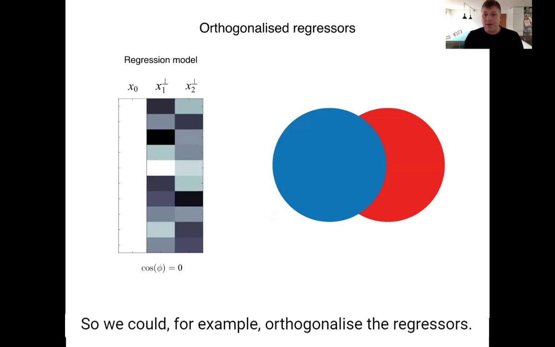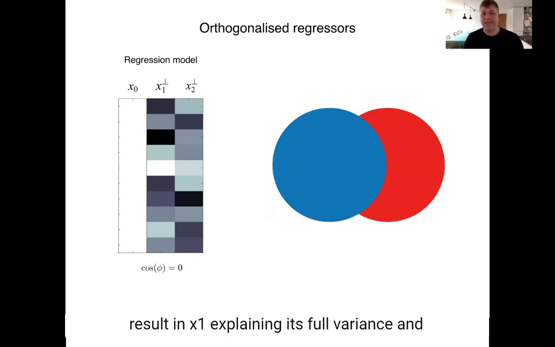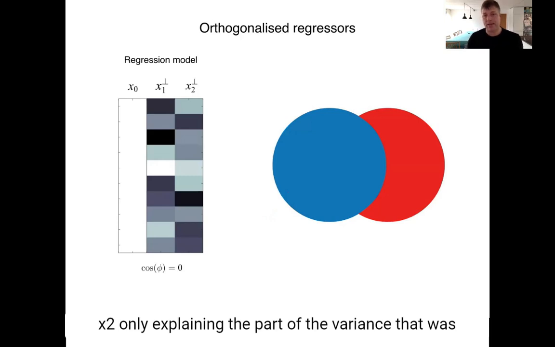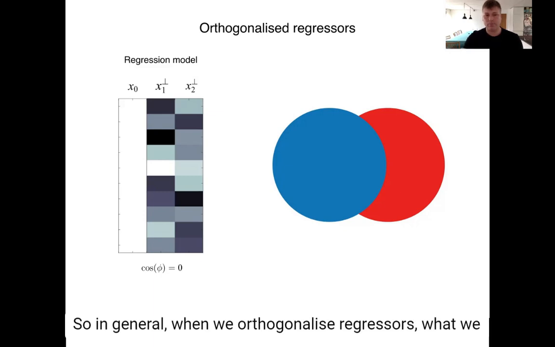So we could, for example, orthogonalize the regressors. So we could orthogonalize X1 and X2, and this would result in X1 explaining its full variance, and X2 then only explaining the part of the variance that was not explained by X1.